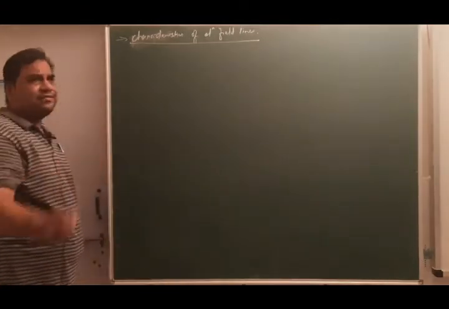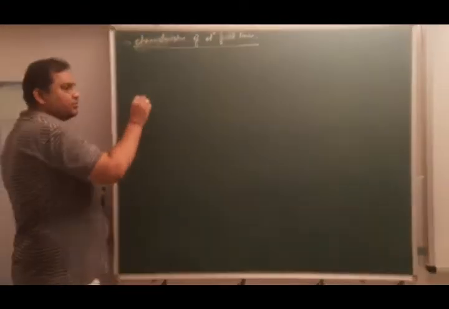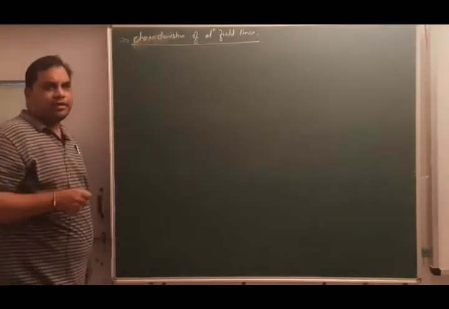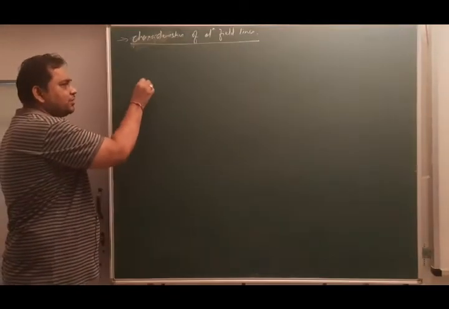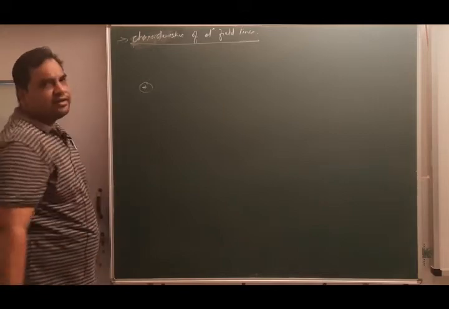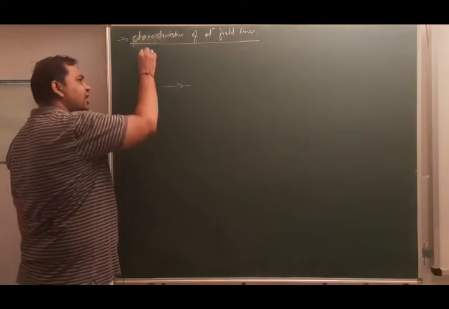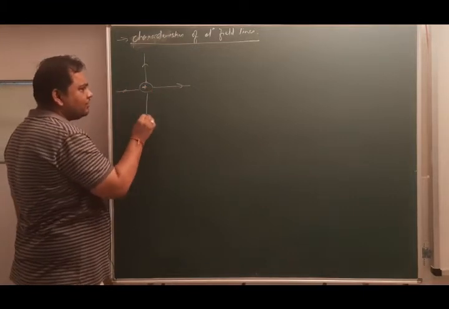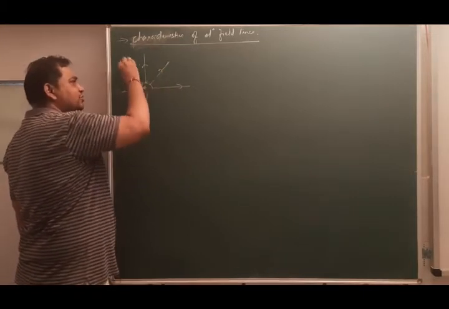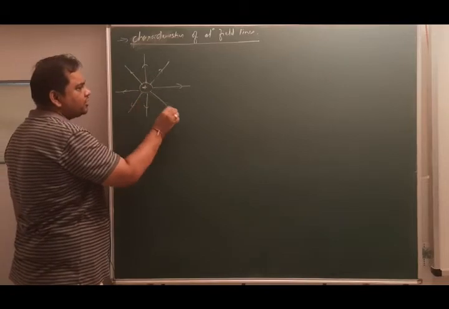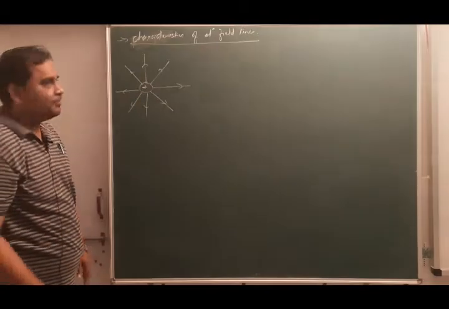What is basically an electric field line? We have discussed this topic a little bit earlier also. Suppose we have a positive charge centered at this point, and if I draw field lines of this positive charge, they will be this way, lines moving outward from this positive charge.